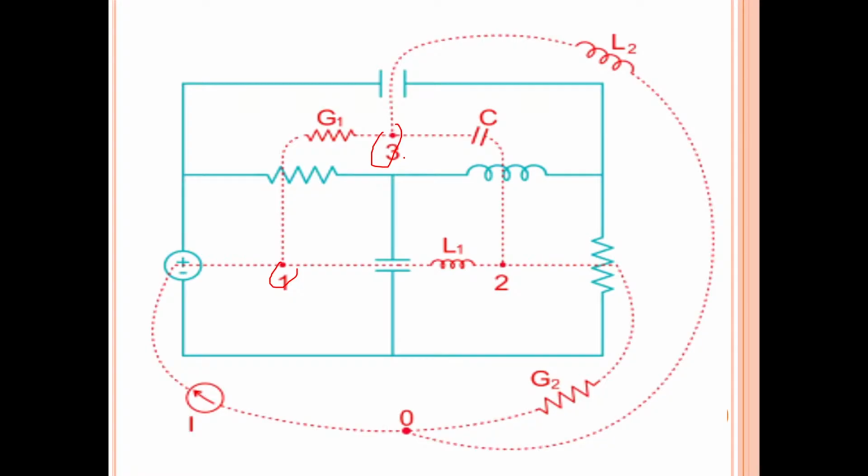In between 3 and 2, inductor L is there; replace L by C. From 3, replace C2 with L2 and give it to the ground. And from 2, go through resistor R2 to the ground, and replace R2 by G2.